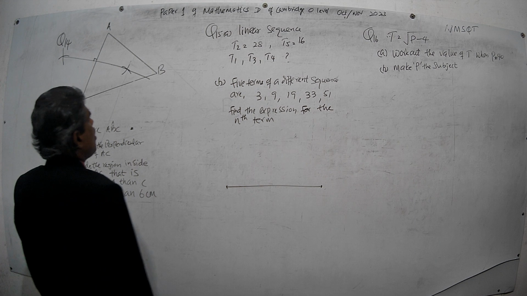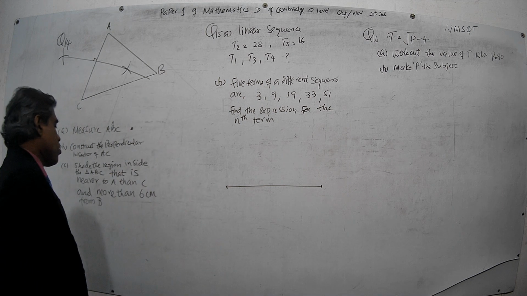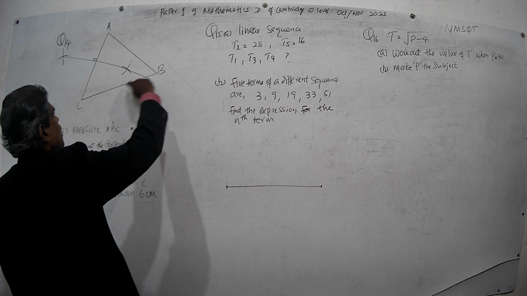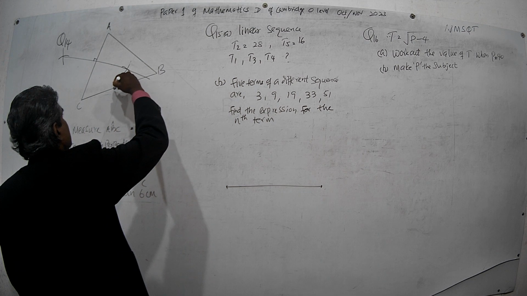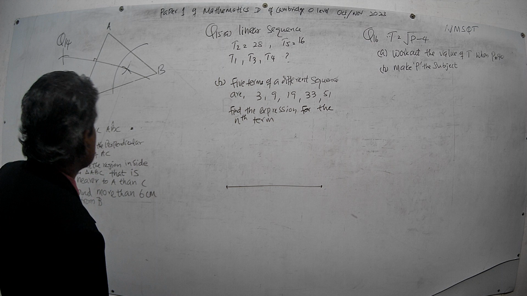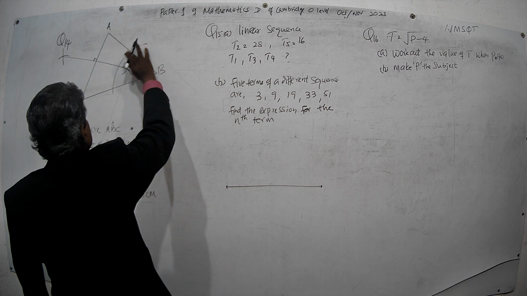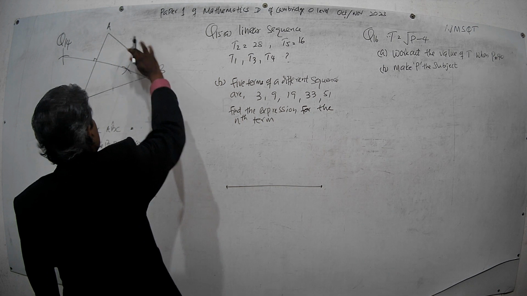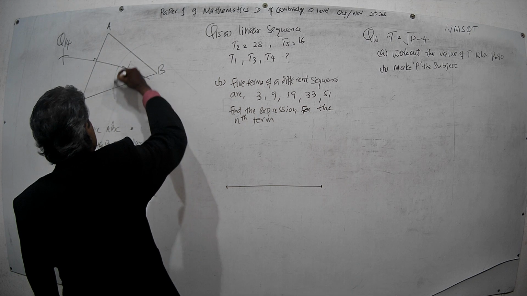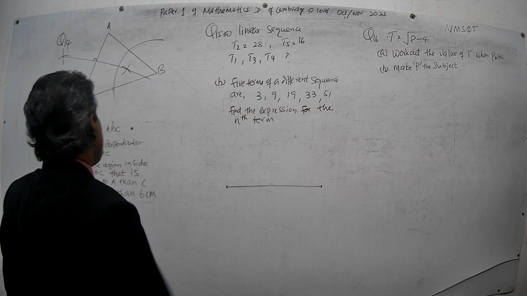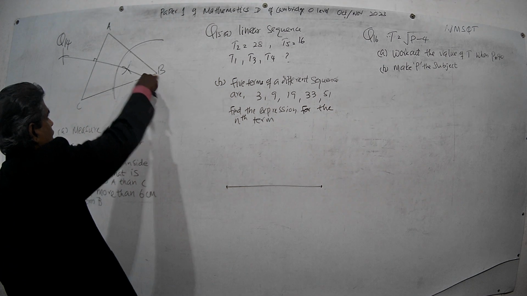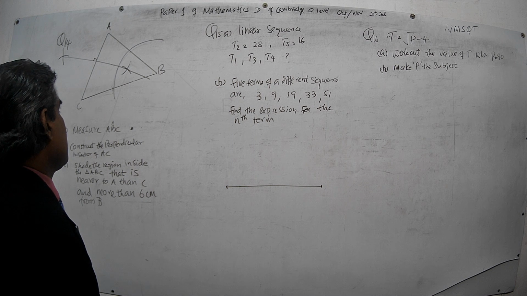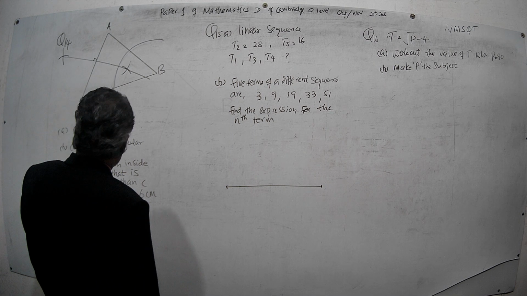So it is quite enough to draw a part of the circle, that is an arc which is 6 centimeters from B. That means you take 6 centimeters as radius in your pair of compasses, keep the middle point at B and draw the arc like this. We do an arc with 6 centimeters from B, going through the triangle, because we are asked only for the region inside the triangle.